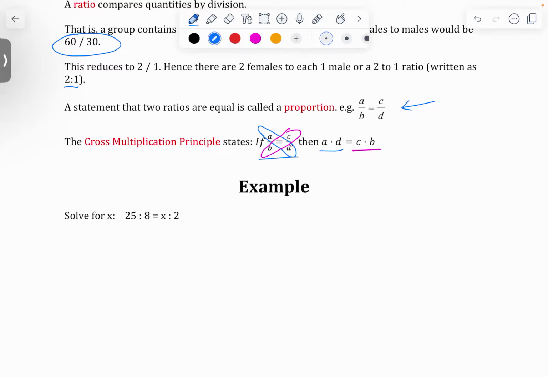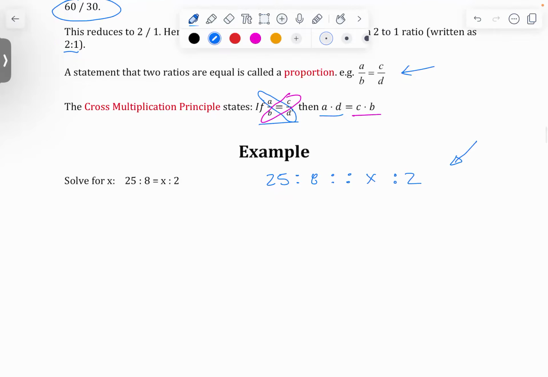So if I have 25 to 8, which equals x to 2. Now be aware, this is often written like this. This is a super common question on the HESI, just for anyone who's in health science.